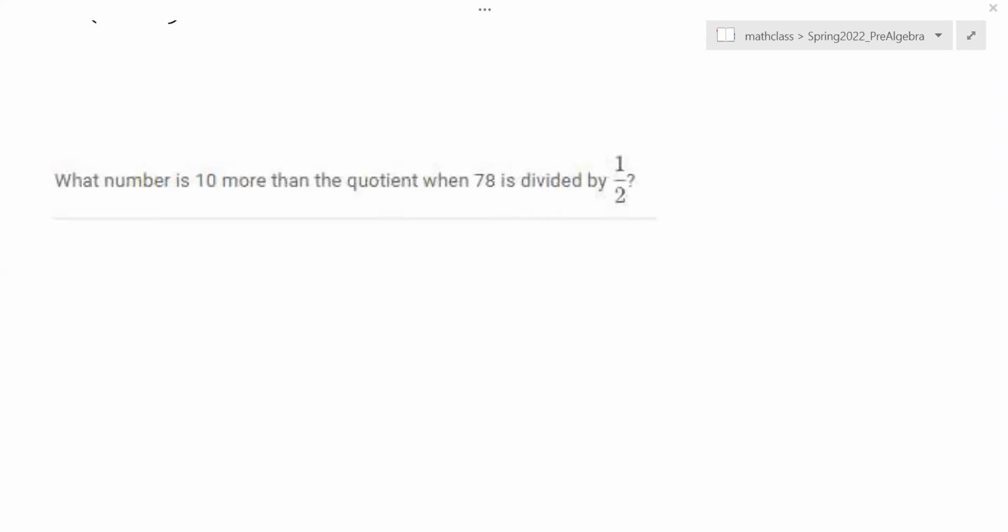If you understand the question, it's not complicated. Just write down 78 divided by 1/2, and 10 more than that, just add 10, right?